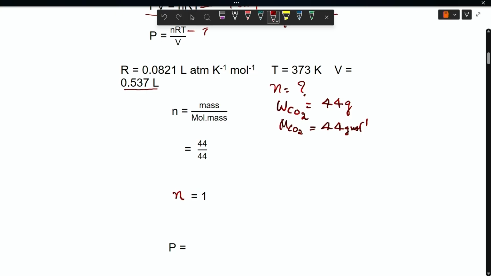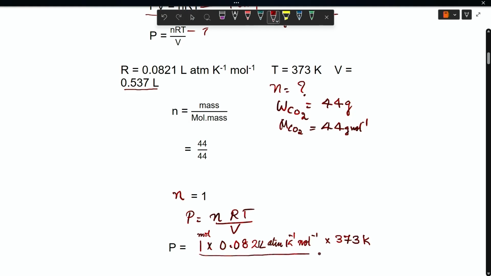So, we have got all the required terms, that is P is equal to nRT by V, n is equal to 1 mole, into R 0.0821 liter atmospheres per Kelvin per mole, multiplied by 373 Kelvin whole divided by volume, that is 0.537 liters.